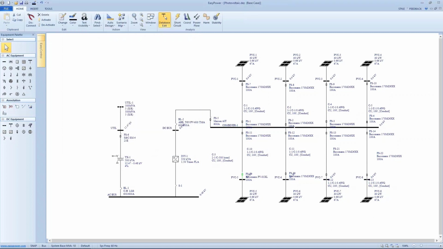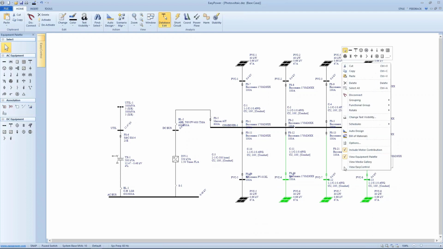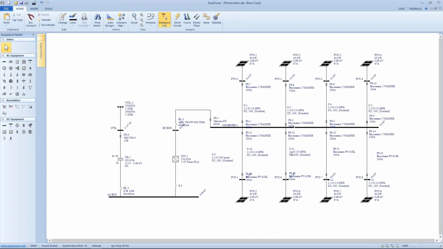And now I'm going to take a copy of that and put it into my other sister branches on this side. For now, I'm not going to replace all of them because at some point I want to compare the two fuses to make a point.